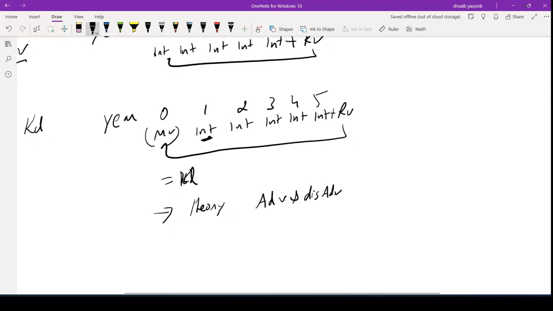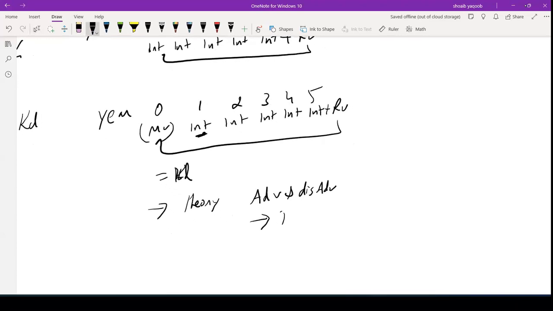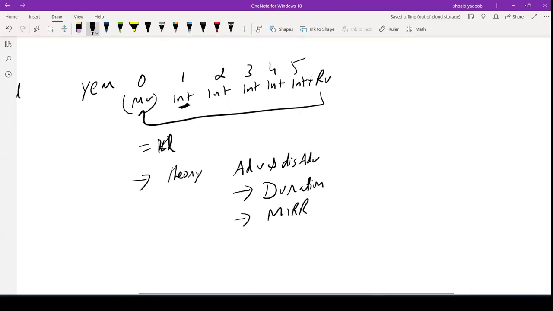It's difficult. Yes, maybe examiner can ask you about the duration, project duration, MIRR, and the theory which examiner can ask you, that is all about the assumptions in investment appraisal.